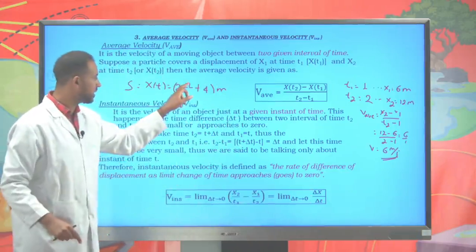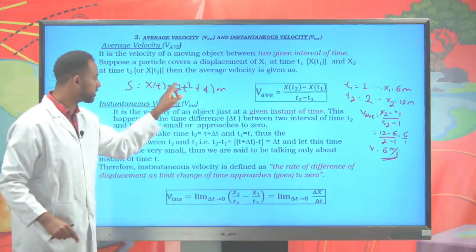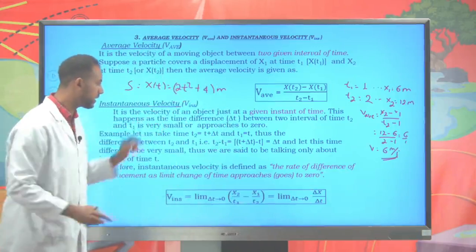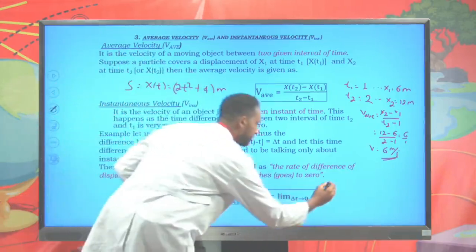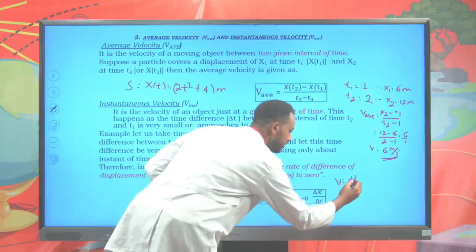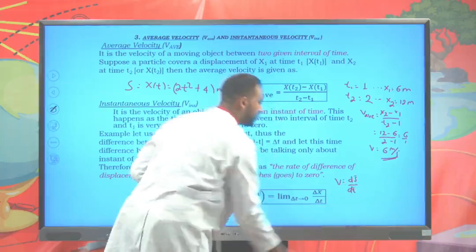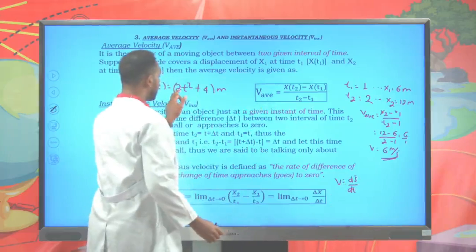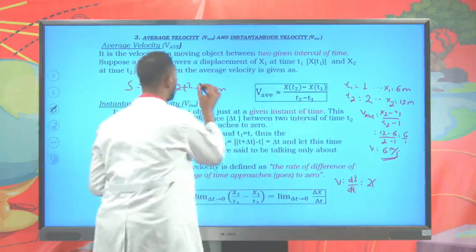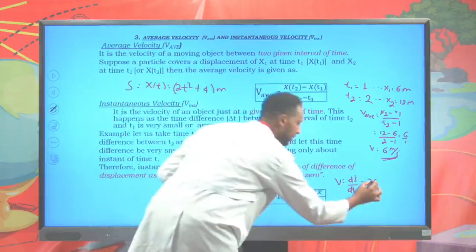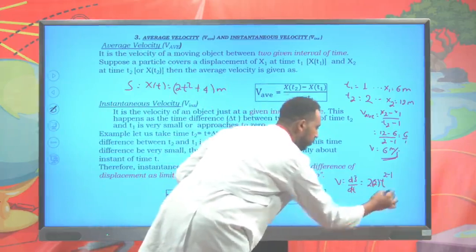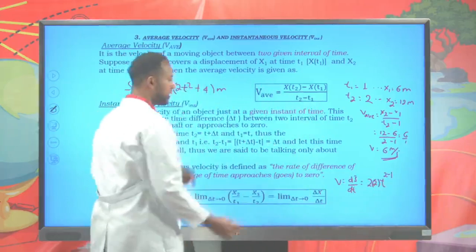How do we derive? Well, it's a mathematical approach. We have to use the derivative. V is equal to the derivative of displacement, ds by dt. It's possible to find this like this: 2 is brought here as the coefficient, so 2 times 2 is 4, then t, and you subtract 1 from the power.